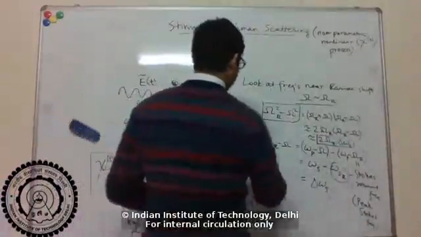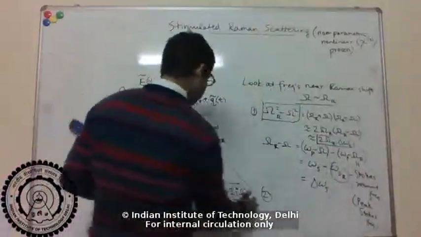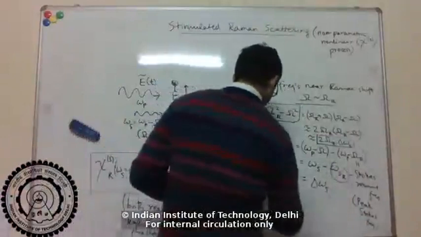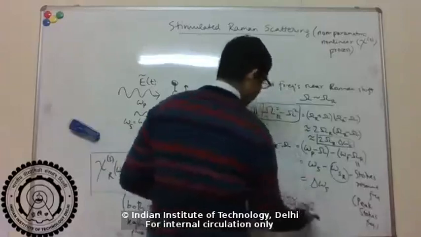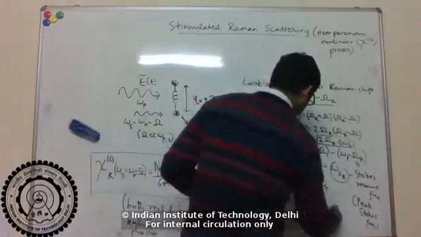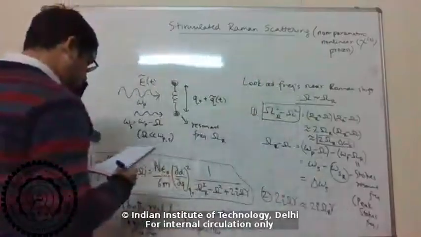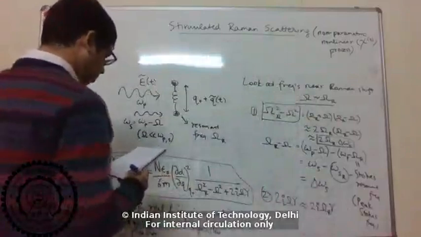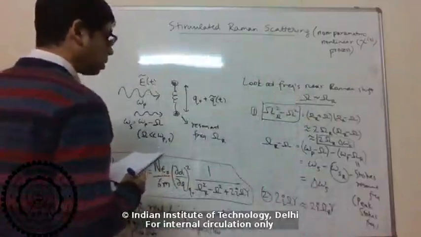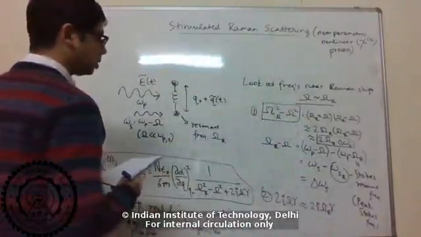The second one is this complex term, which is 2i omega gamma, where I replace omega by omega r.